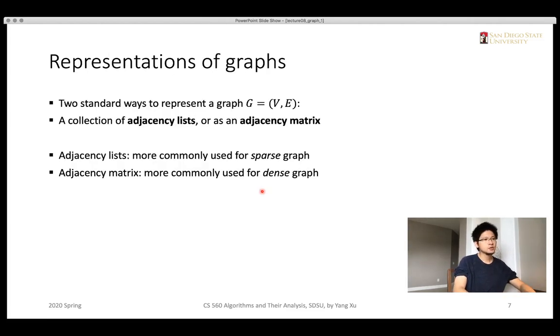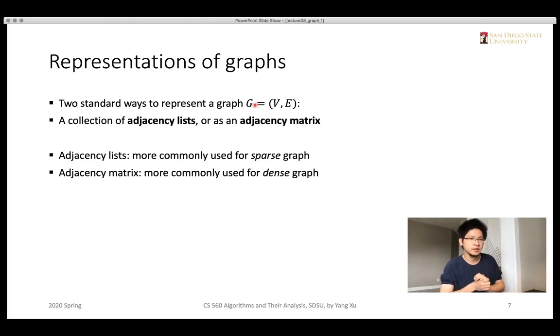Okay, so now using the given notations, we can represent, or implement, a graph in a computer in 2 ways. With a graph mathematically defined by a set of vertices V and a set of edges E, we can use 2 ways to implement it in a computer.